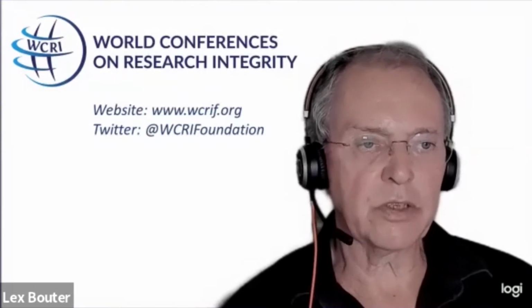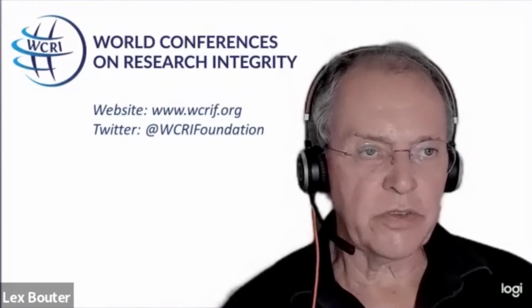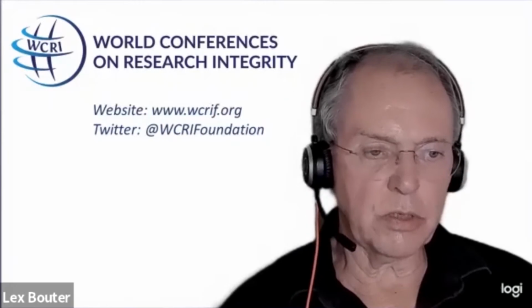You can recognize them: what to do when there are allegations of breaches. You should have ethics committees, good integrity training, supervision and mentoring. We've seen that already. You should have that in order. You should have systems for declaration of interest and conflict of interest, and so on and so forth.